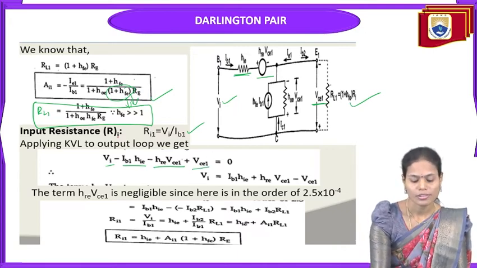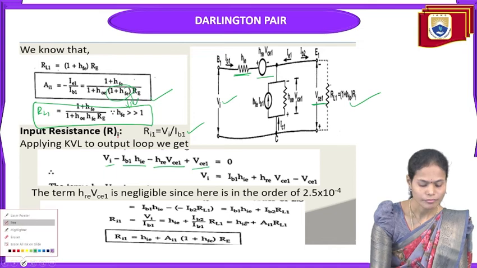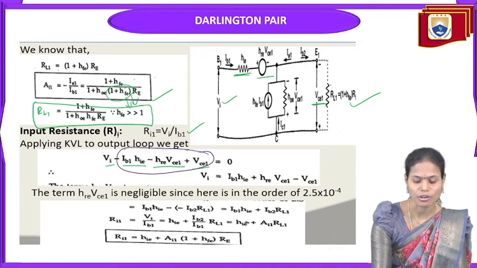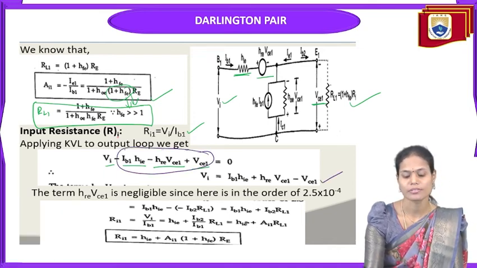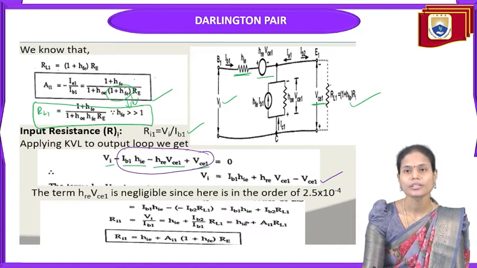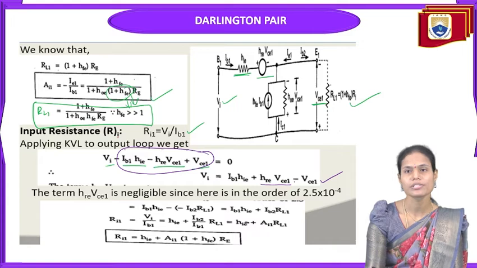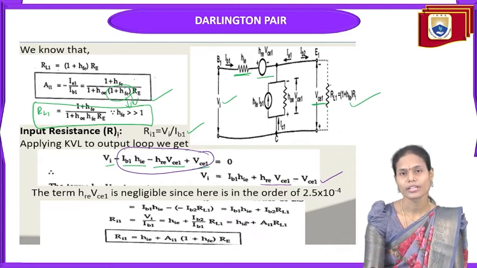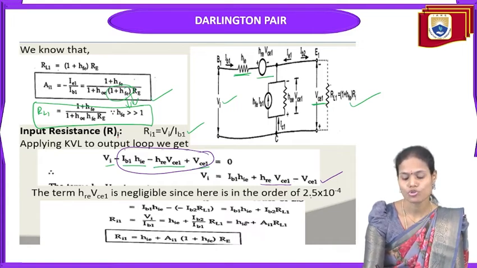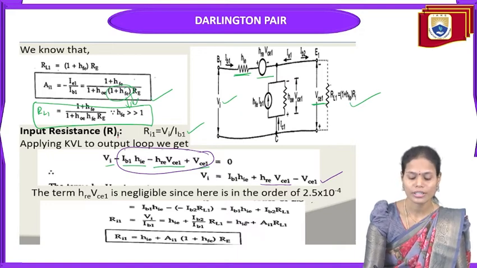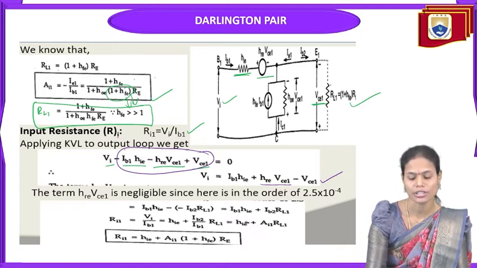And all these terms we are taking back to the right side. So in this particular equation, this HRE VC1 term is very less, so that we can neglect that. Why? Because this value is 2.5 into 10 power minus 4. That is a very, very small value, so we can neglect it in the equation.